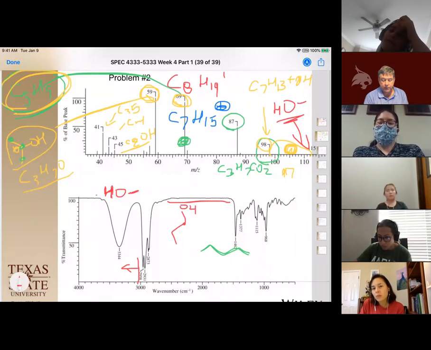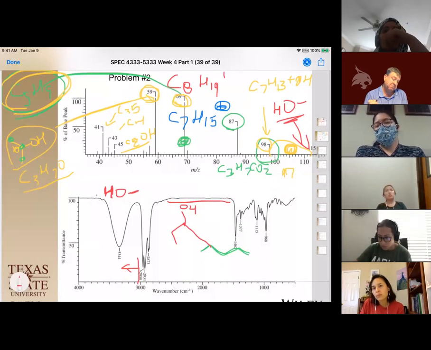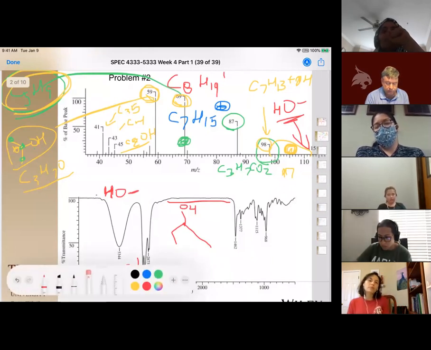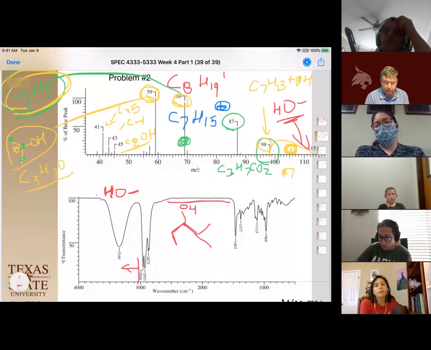And so if we join those 2 fragments together, hold on, I think I have an extra carbon on there. Let's join that. So we have 3 carbons here, and then 1, 2, 3, 4, 1, 2, 3, 4, 5.